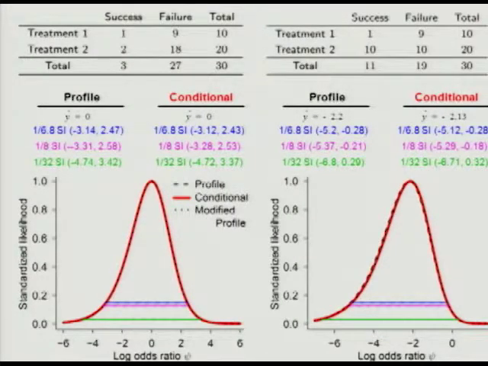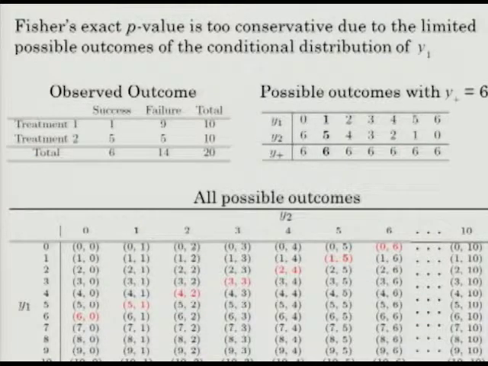And the same is true for the fourth example that I showed you. All of which leads us to the conclusion that it does indeed make sense to condition on the marginal total.